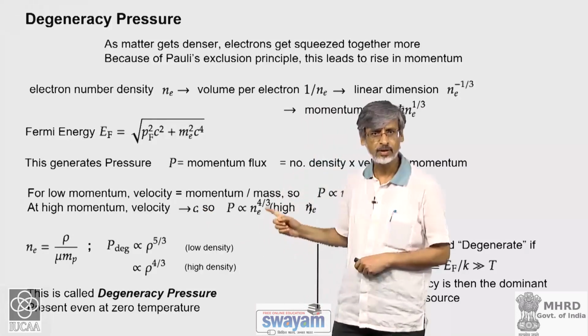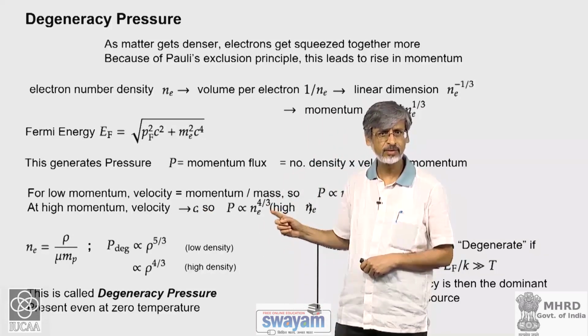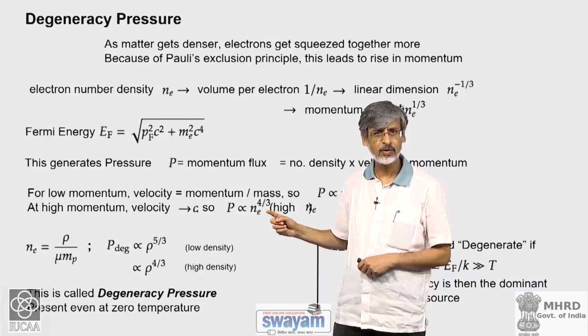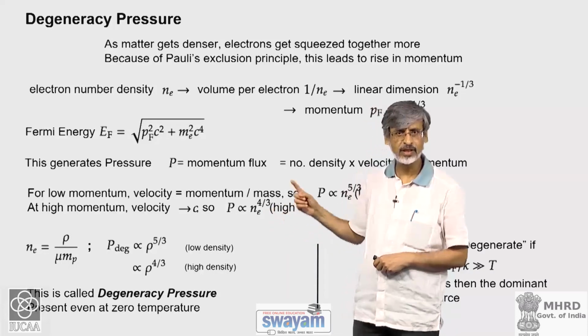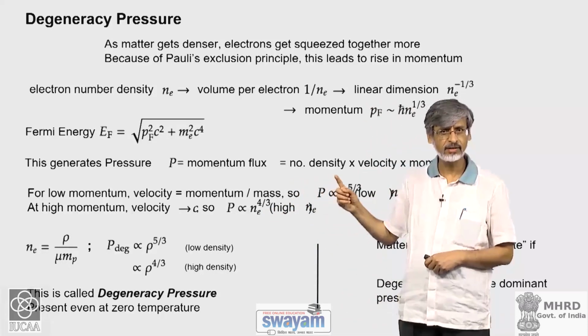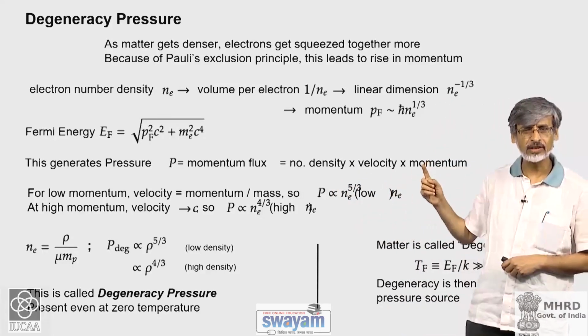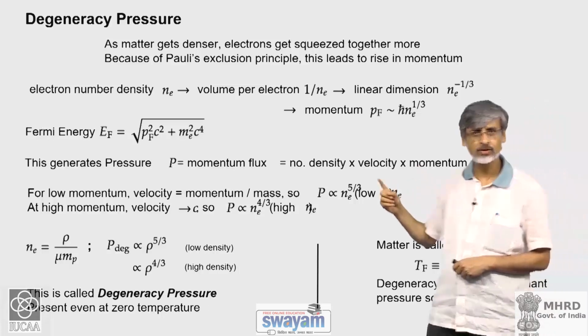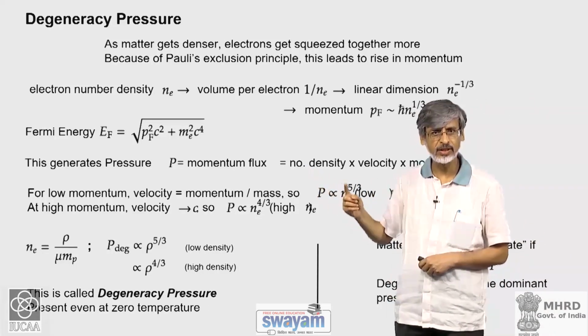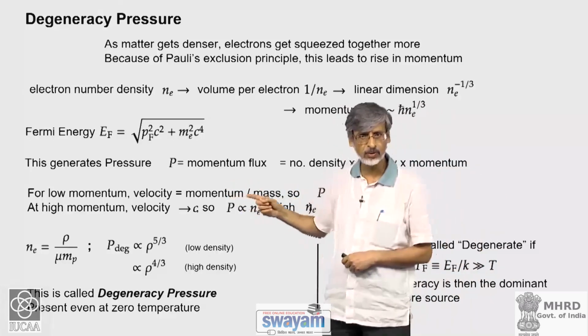So, the pressure now is going to have a number density n e, velocity c, and momentum n e to the power of 1/3. So, the whole product, instead of being n e to the power of 5/3, now becomes n e to the power of 4/3.